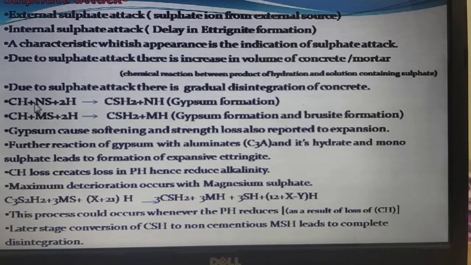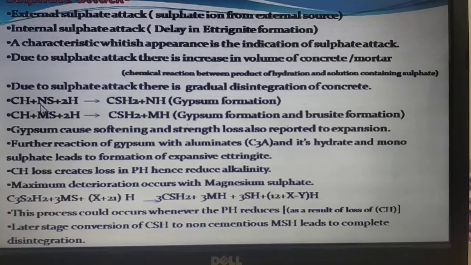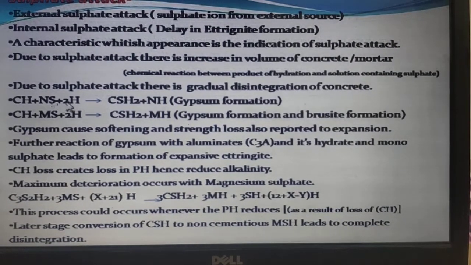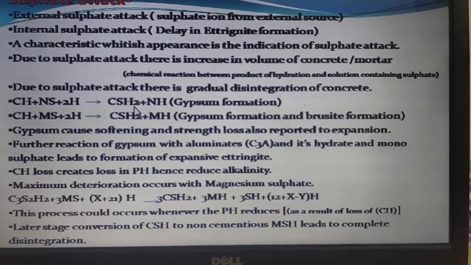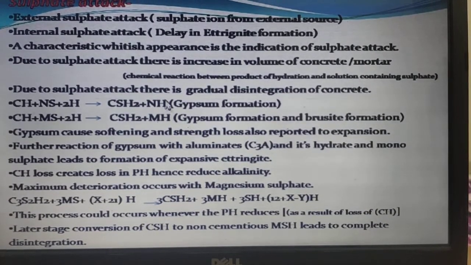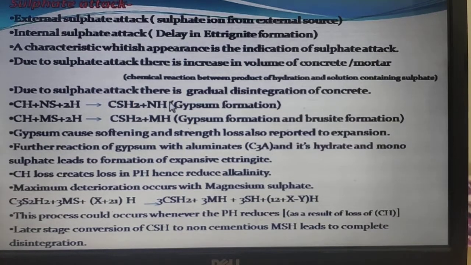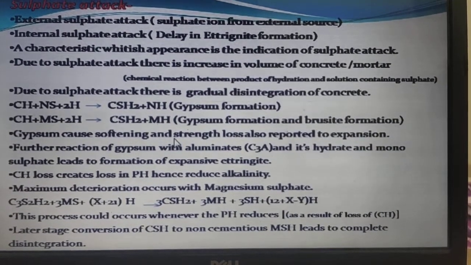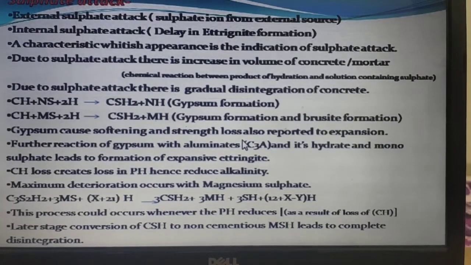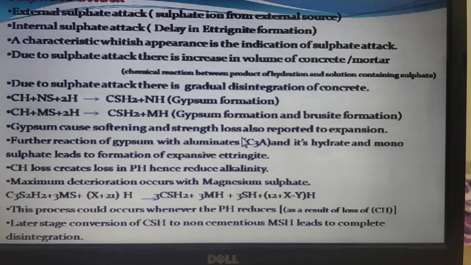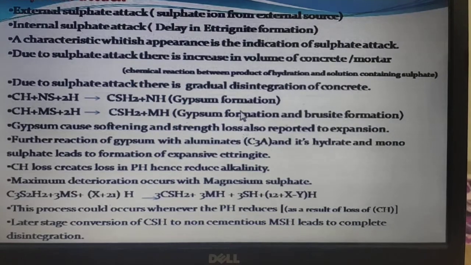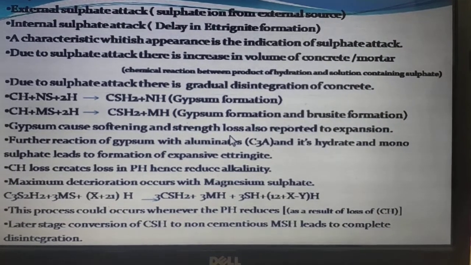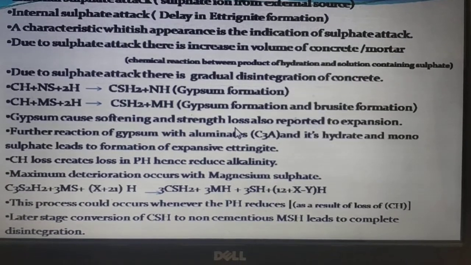Now look at this reaction: calcium hydroxide with sodium sulphate in the presence of water. What will happen? There is formation of gypsum. And if gypsum formation starts, there is softening and loss of strength, as well as expansion of the concrete. As all of you know, gypsum is soft in nature, and therefore softening of concrete starts.